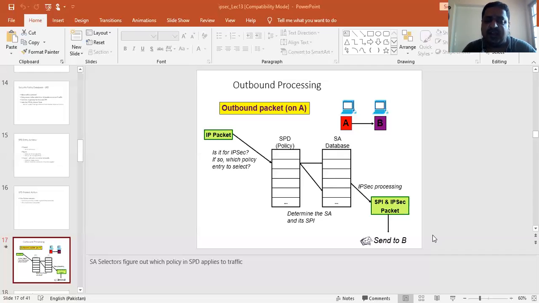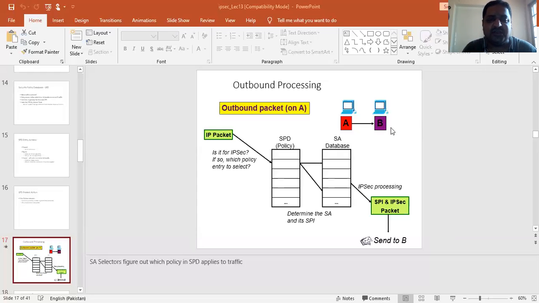The data which is coming into the network is inbound data, and the data which is going out of the network is outbound data. We define different policies for the data coming into the network, and different policies for the data going out of the network. So we have different protocols involved here to define policies for sending the data from user A to user B, or host A to host B, or network 1 to network 2, or network 3, and so on.